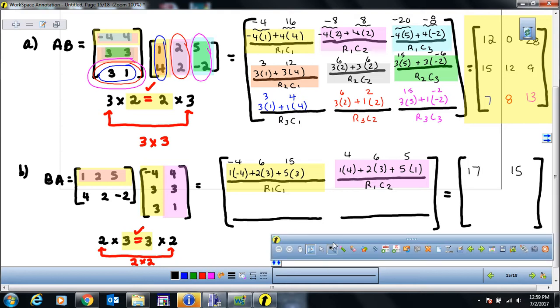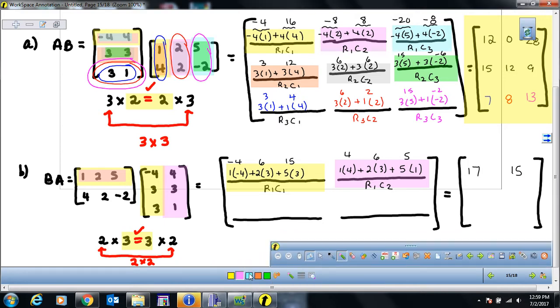Now, for the next one, this number at the bottom is located in the second row, but in the first column. So to find that result, I need to multiply the second row of the first matrix times the first column of the second matrix. Second row times first column, and you multiply them in the order in which they appear.